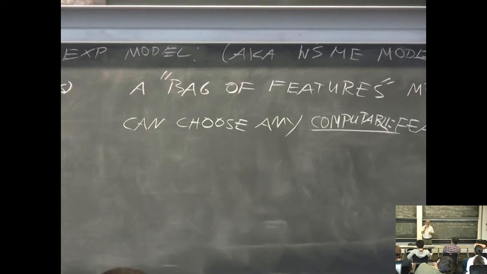The feature would not be, is the sentence funny? The feature would be, was the sentence classified as funny by this algorithm version 3.4? You know, a particular version of the algorithm, namely a particular computable function that produces a number. As long as that number is somewhat related to your notion of funniness, it may do you some good.